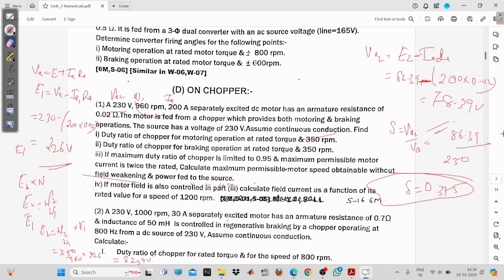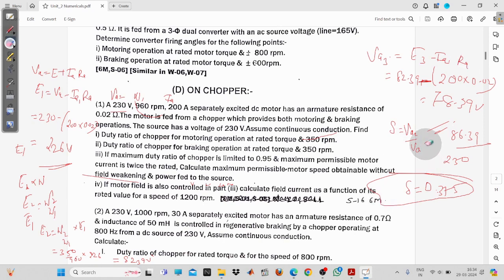So delta will be equal to, now this is VA3, otherwise people will make the mistake. VA3 will be equal to E3 minus IA3 into RA.